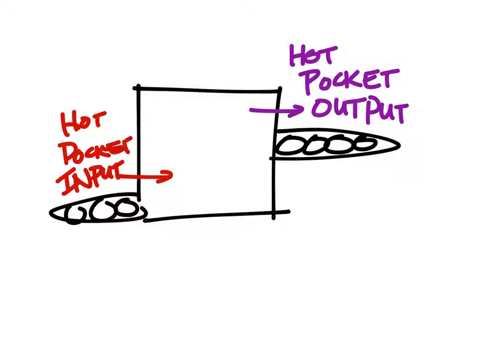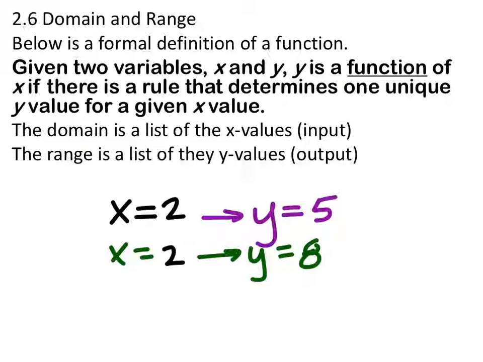Well, from this machine, or microwave, if I were to go to it, and instead of a hot pocket, maybe a burrito comes out. Okay, now I'm really worried, right? I've got something coming out of this microwave that was highly unexpected. Because I put in a hot pocket, I would expect a hot pocket, not a burrito. Now this microwave is certainly malfunctioning. I probably wouldn't eat that burrito, but probably submit it to science. Now I hope that example made sense, in terms of if something is a function or not.